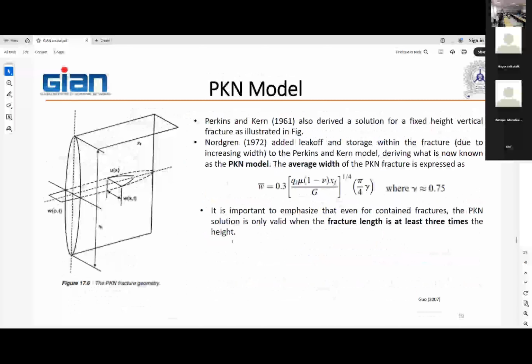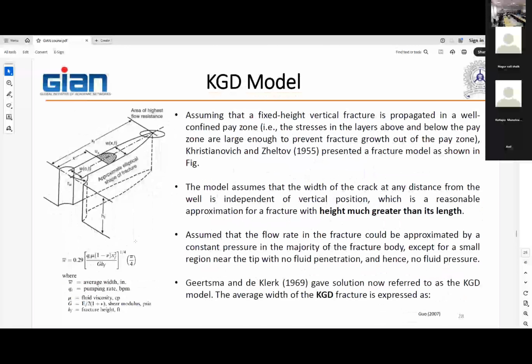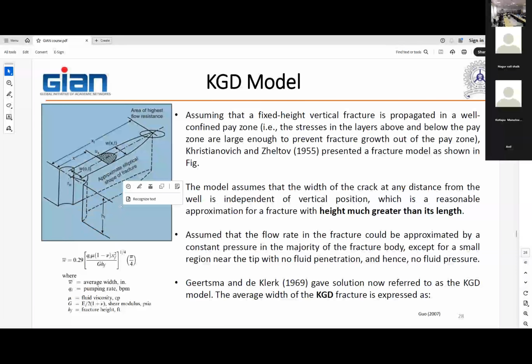Then if you talk about the KGD model, which is this one, okay? So in this case, what are you seeing? The fracture is going out of the wellbore, and it has a fixed height with height HF, which is the fixed height, okay?